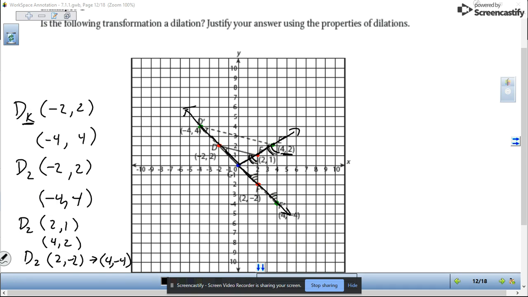Those are collinear, meaning that the original pre-image point and the image point are on the same line. Okay, and once you prove all of those things, that does indeed show you that this is a dilation. Okay, so we'll stop it there.